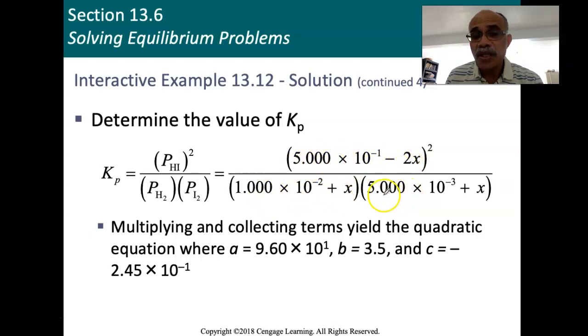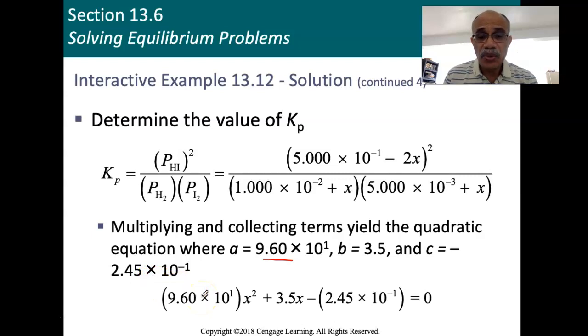It looks complex, but essentially this is just a quadratic equation in the form ax squared plus bx plus c. Here's the value of a simplified, that's the value of b, and that's the value of c.